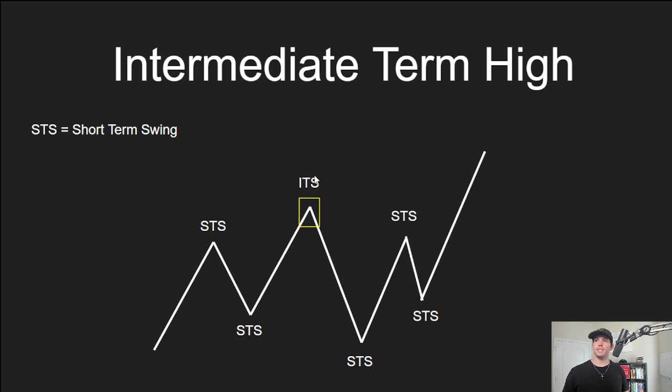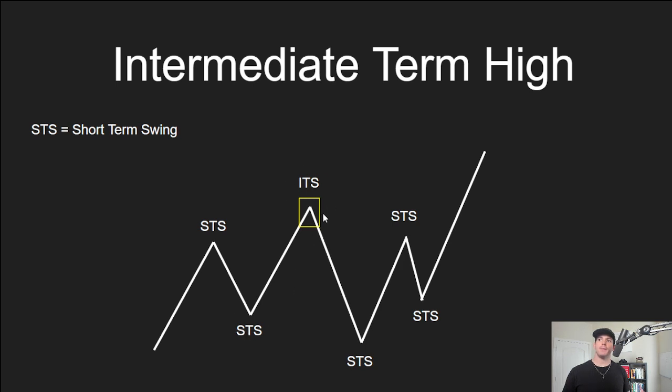And so what is an ITS? An ITS is our intermediate term swing. We create an intermediate term swing when two short-term swings have been broken. So you see we reached above this short-term swing, then we broke below this short-term swing.